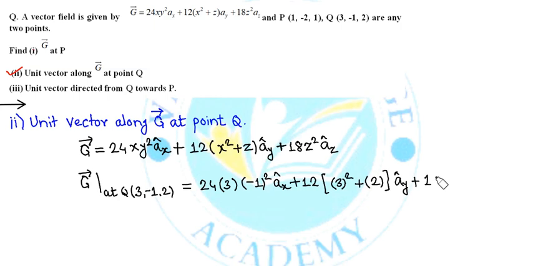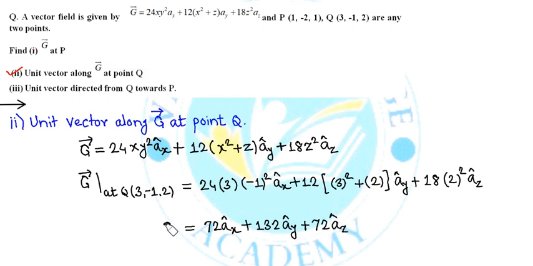Now we have that 18z square. So we have the z value to be 2 square over here, az cap. Now if you simplify this equation, you will find the very first term to be 72 ax cap plus 132 ay cap plus 72 az cap.